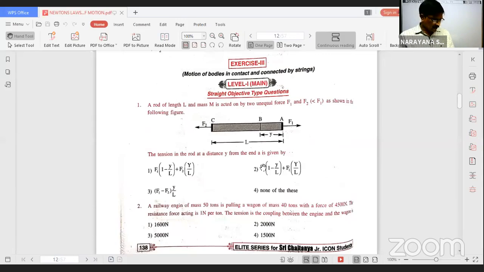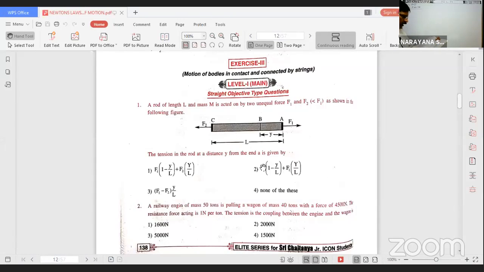Next, second problem. Lecture sheet, exercise 3, level 1, page number 138, problem number 2.